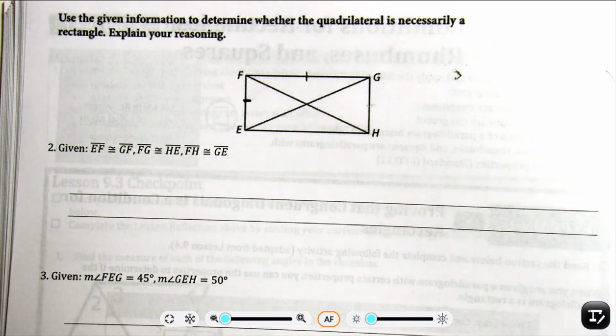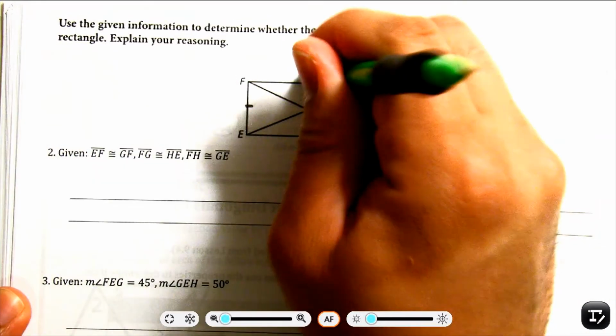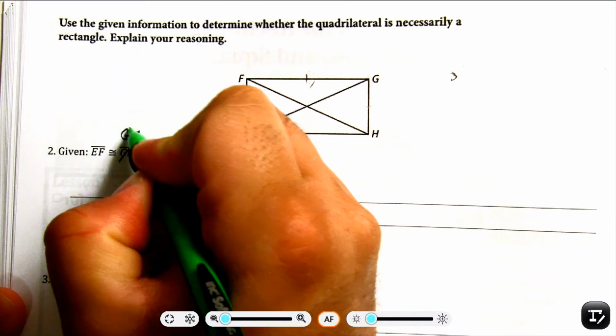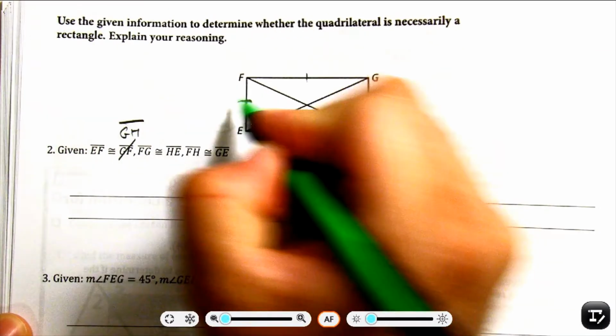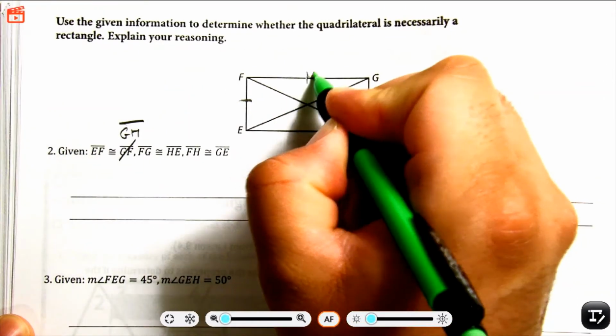Sorry, it seems like there's a typo in this problem. So let me fix this. Can you cross out GF here? This is supposed to be GH. So what it's supposed to say is EF is congruent to GH, and then FG is congruent to HE.